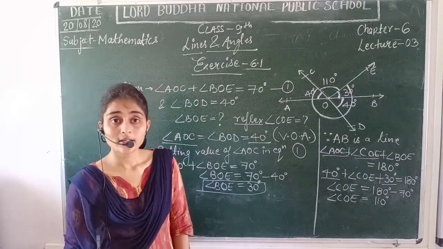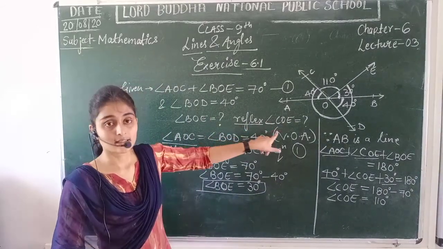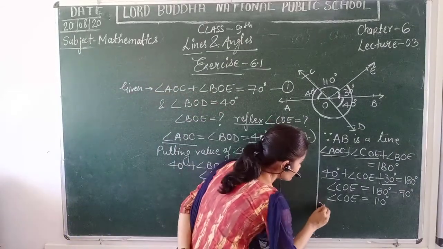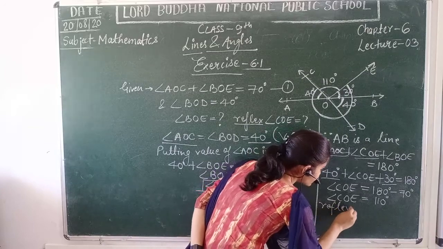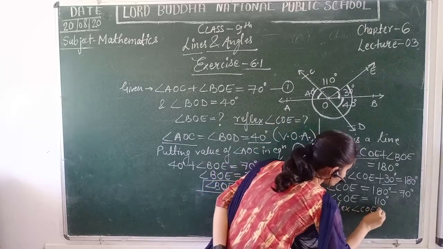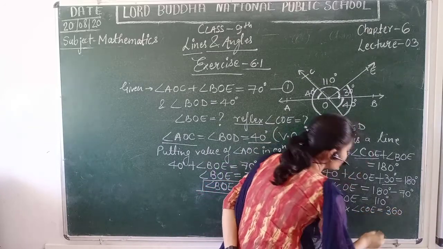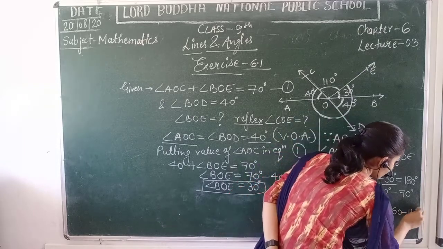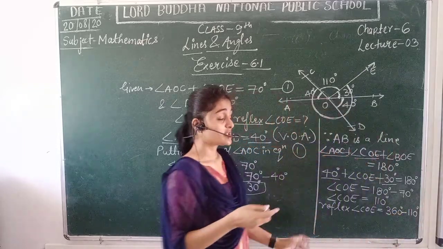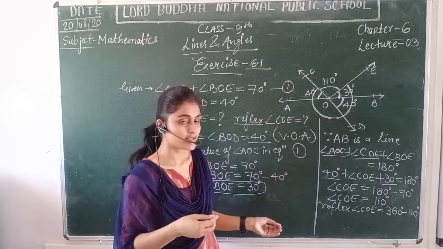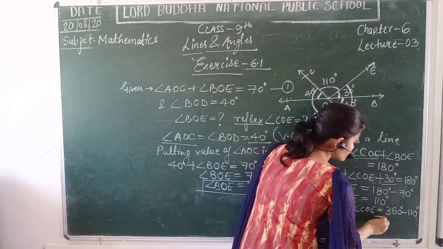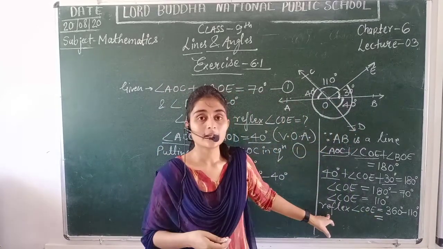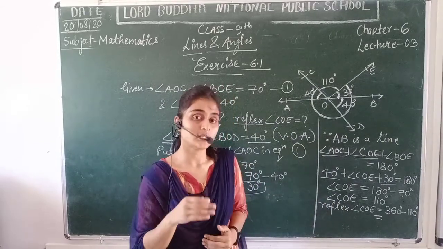But what you have to find is reflex COE. So for reflex angle COE, what you have to do is subtract the value from 360. I have just told you that to find the reflex of any angle, you need to subtract it from 360.